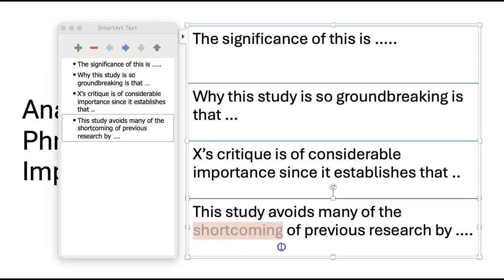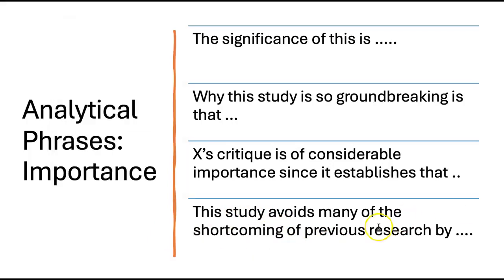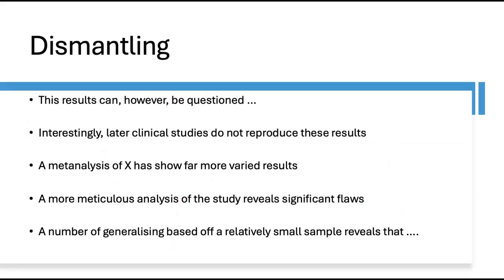Shortcomings is a very good phrase to use because it shows that you are now looking for errors in them. Now, continuing on the same theme, I've called this dismantling. These kind of phrases allow you to pick a study apart. And this is part of the analysis and evaluation element of it, where you're showing your AO3 problem-solving skills.